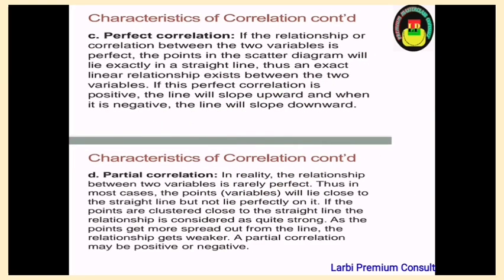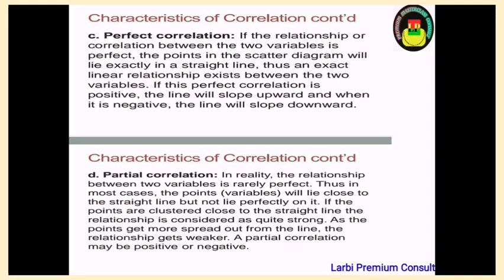Then we have a perfect correlation. Under perfect correlation, it can be either a positive or a negative correlation. So if the correlation between two or more variables is perfect, the points in the scatter diagram will lie exactly on the line.